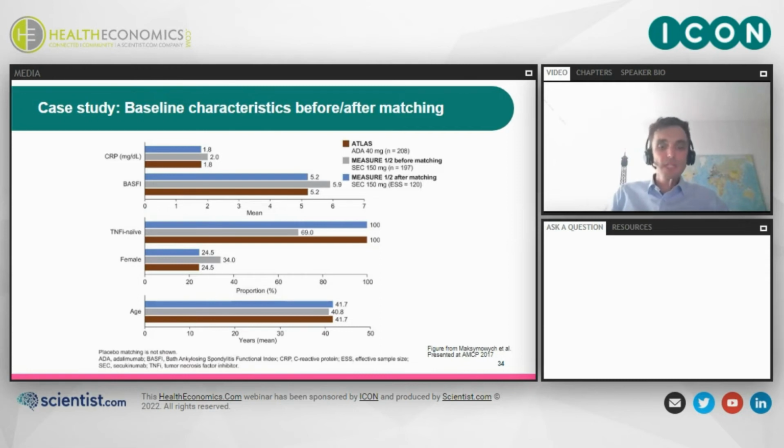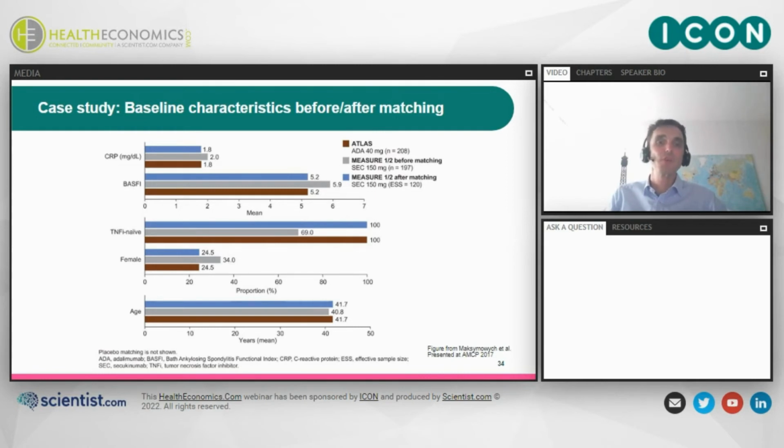As you can see on this slide here, there were several differences, as I said, in key patient and disease characteristics before matching. This included inflammation parameters such as CRP, measures of function such as the BAS-FI score, but also different distributions of age, sex, and prior use of therapy. So this is what you can see when you look at the gray bars and the brown bars.